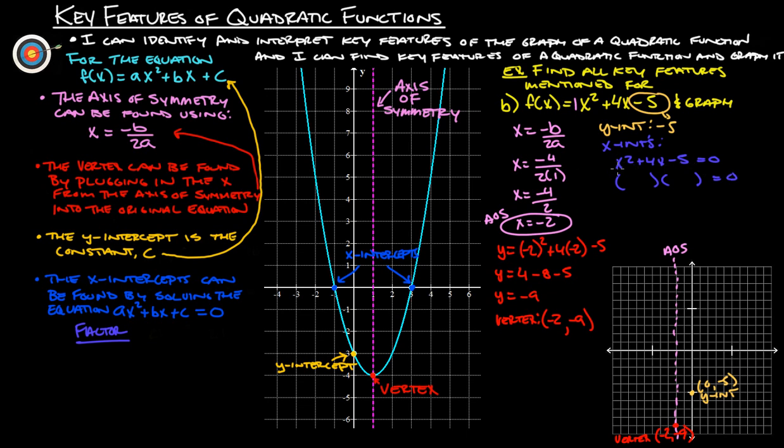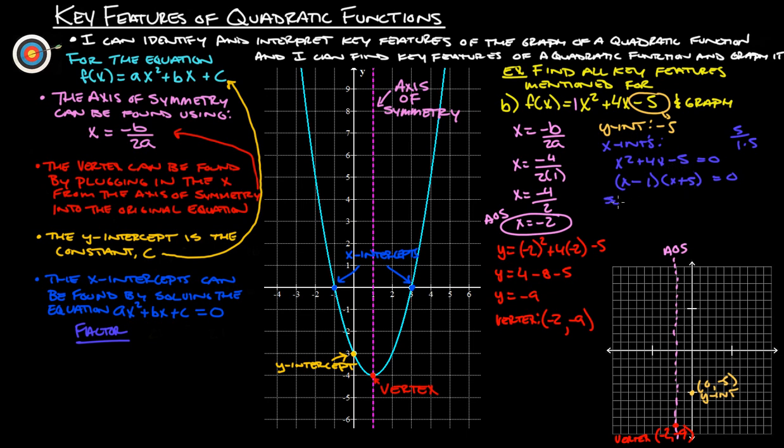Since there's a 1 out in front here, we can simply go to the last term there and say factors of 5 are 1 times 5. So we know we got x and x, 1 and 5. And then we just have to figure out what the signs are going to be to add up to +4. So it has to be +5 and -1: that adds up to +4, and it multiplies together to get -5, right?